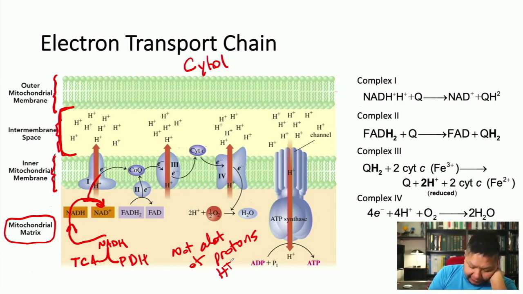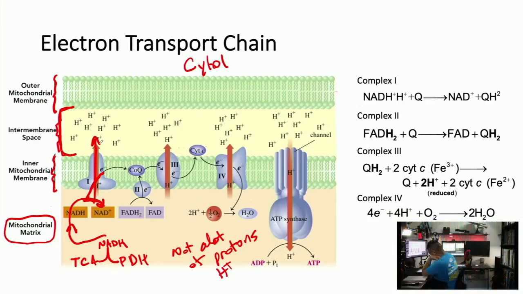What happens is that when NADH reduces complex 1, or transfers its electrons to complex 1, this pushes protons from the mitochondrial matrix into the intermembrane space of the mitochondria. The electron actually ends up going into a molecule called coenzyme Q, and coenzyme Q takes these electrons from NADH straight to complex 3.